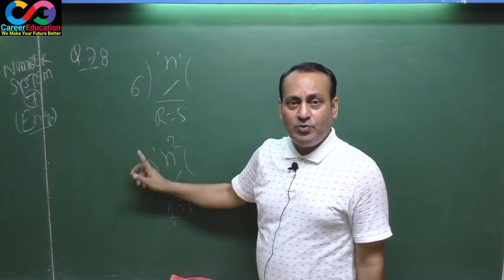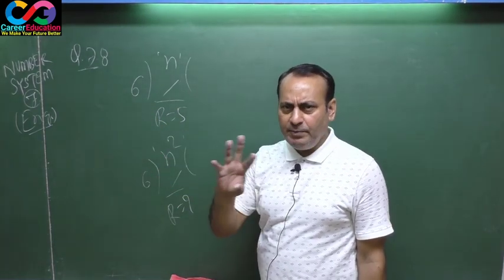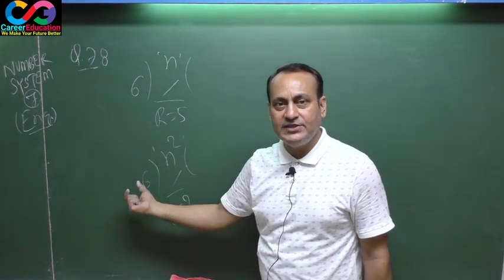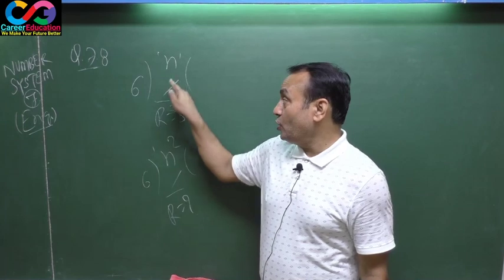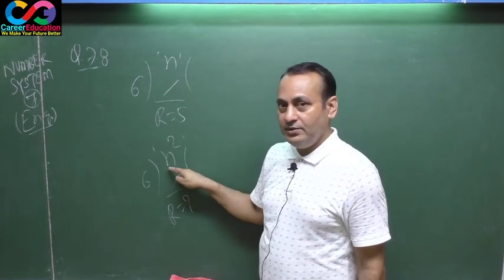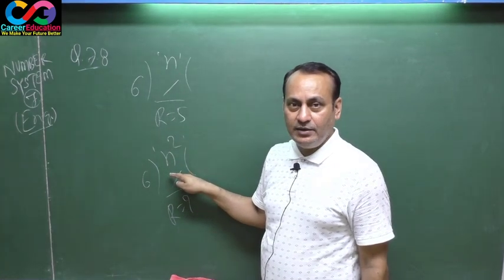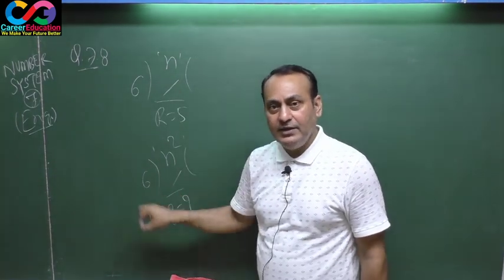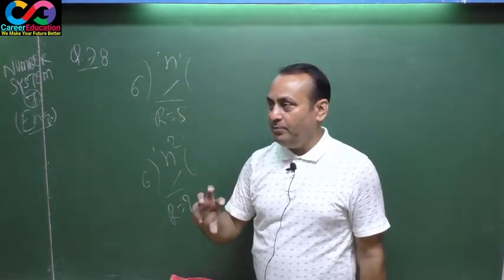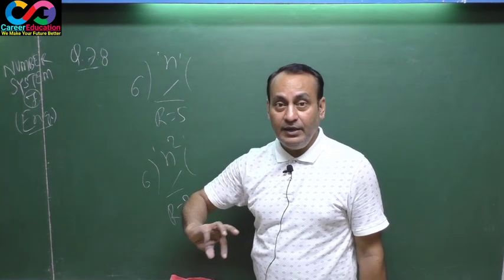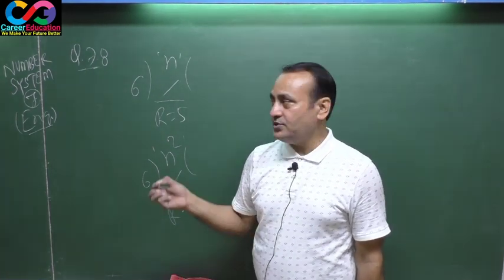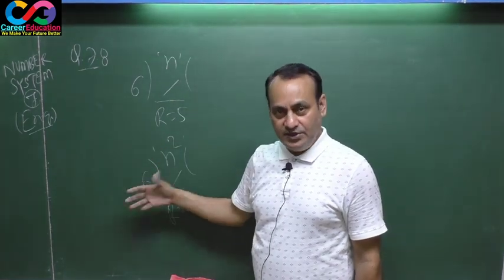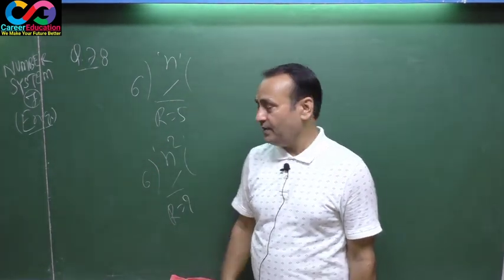Divisor 1 is just equal to divisor 2. Listen to me very carefully. Divisor 1 is just equal to divisor 2, but quotient 1 and quotient 2 are different. It was n, it is n square. That means your dividend became n square, but the divisor is the same in both cases.